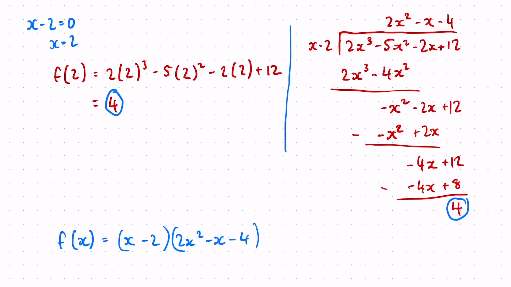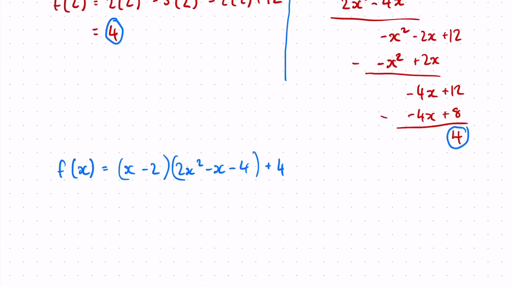So what we did here, basically, we took out that and multiplied by that, but then that's not fully true because we're left over with 4 at the end, so f of x is equal to this plus 4 because there's a remainder 4. And we can use this potentially to help us in some other ways.